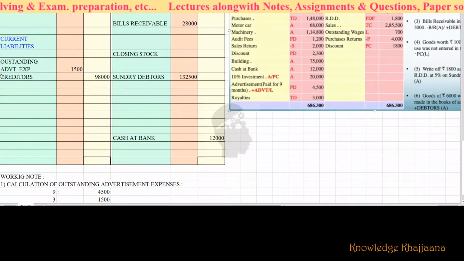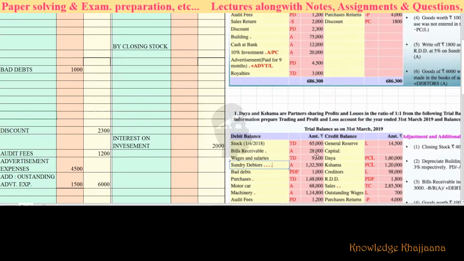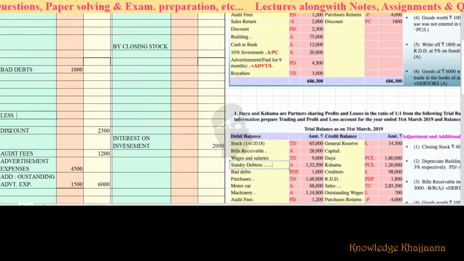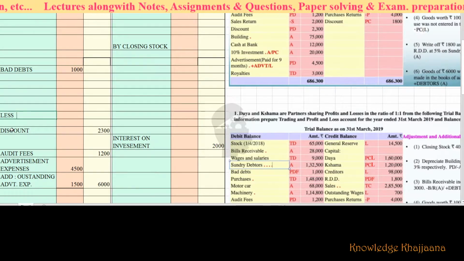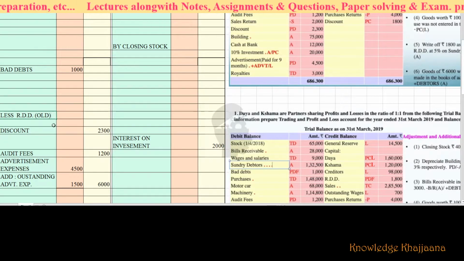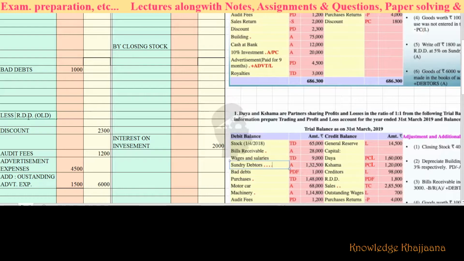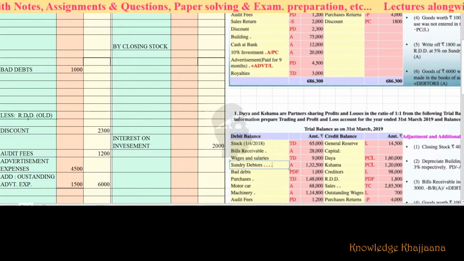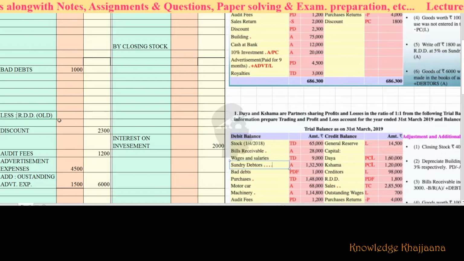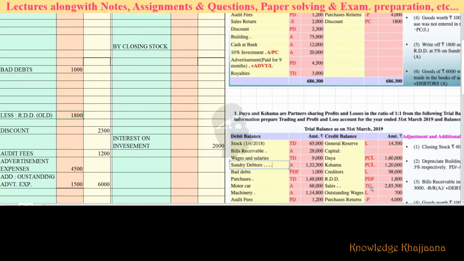So where we have recorded the bad debts, somewhere here we will write less RDD old, 1,800, in the inner column, because we have to calculate it as per the formula which I taught you.